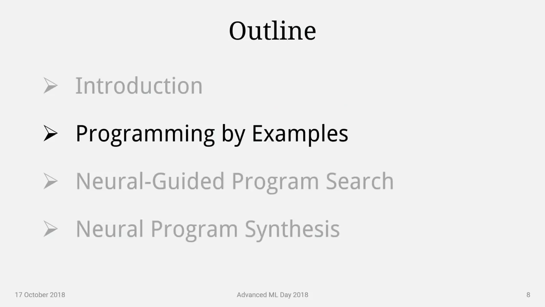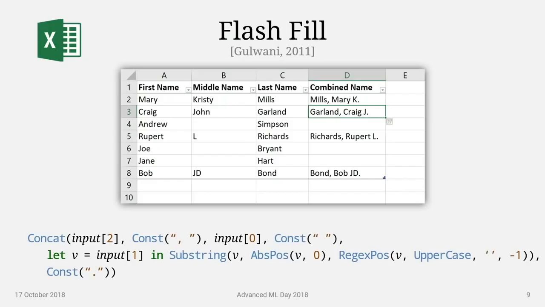Well, if you're talking about programming by examples, let's start with probably the most famous Microsoft application of it, Flash Fill. It's a feature in Microsoft Excel that started wide industrial applications of program synthesis.